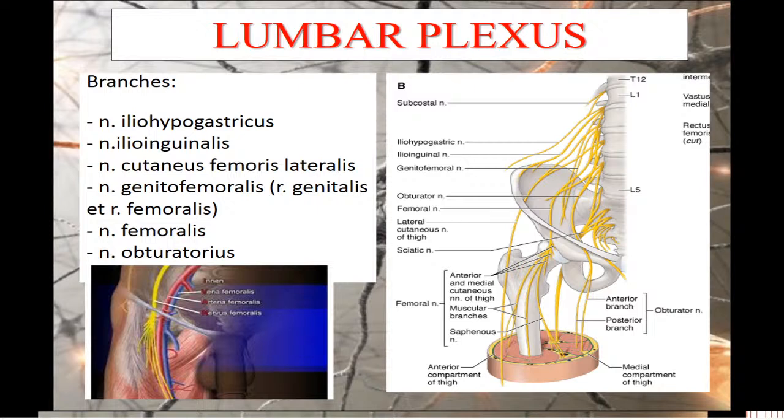It will be very useful for you for summarizing the material. You have to understand, for example, that the anterior compartment of thigh muscles is supplied by the femoral nerve. The middle compartment is supplied by the obturator nerve. And about the posterior we will talk later.